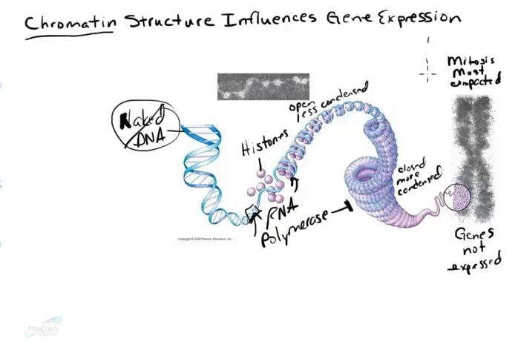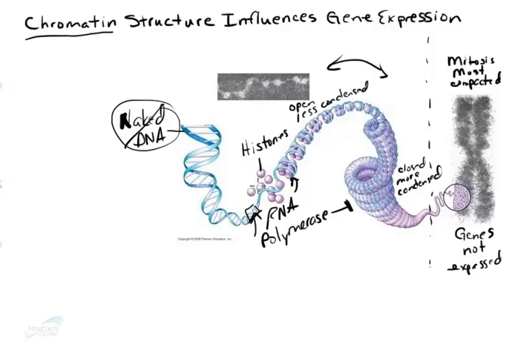But during interphase, we actually see a high level of variability of chromatin structure that goes back and forth between this more open, less condensed, less compacted state of chromatin and this more closed, more condensed, more compacted state of chromatin. And this change in structure can be regulated by the cell in a couple of different ways.